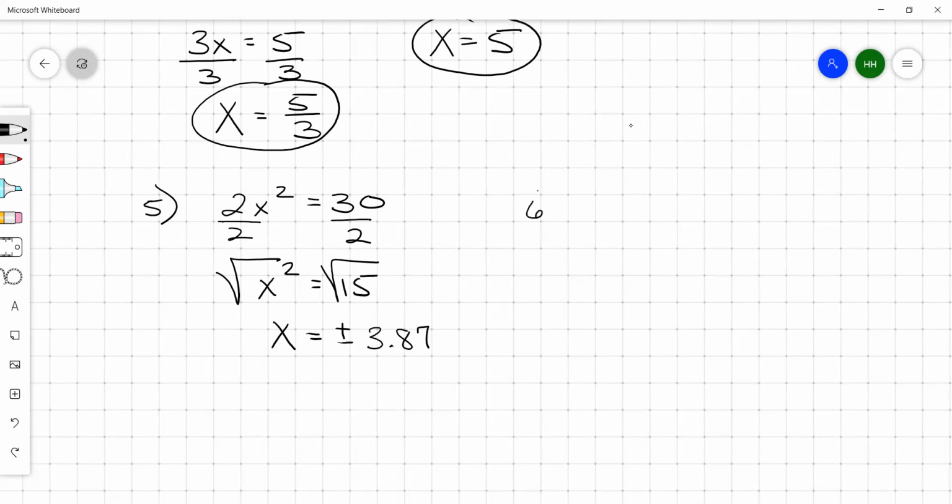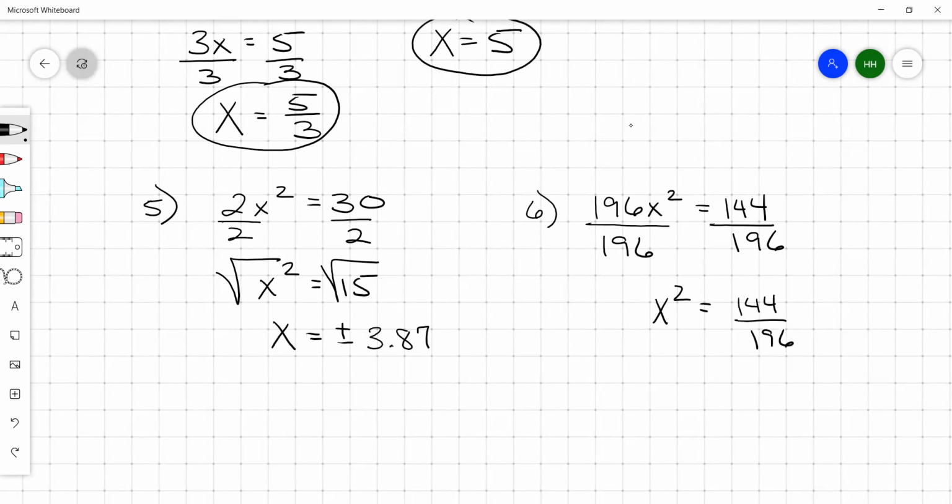Number 6 is very similar. 196x squared equals 144. If you divide both sides by 196, then x squared equals 144 over 196.